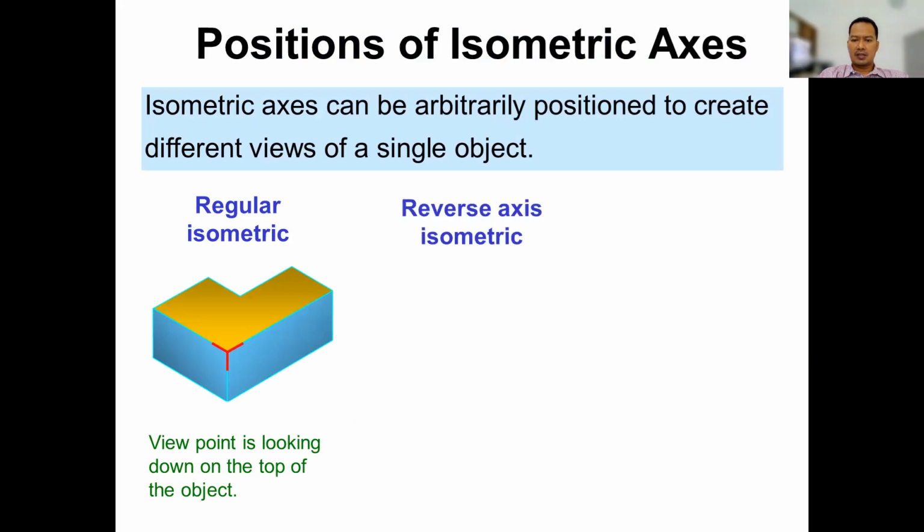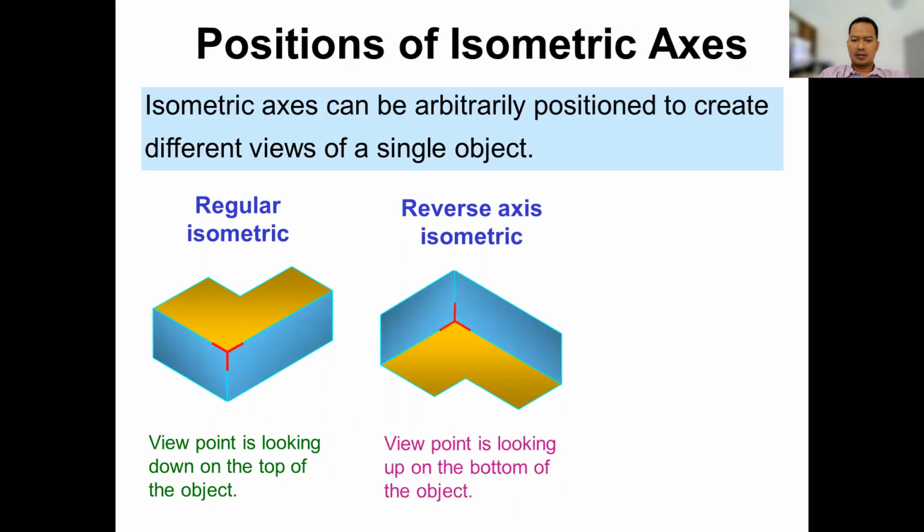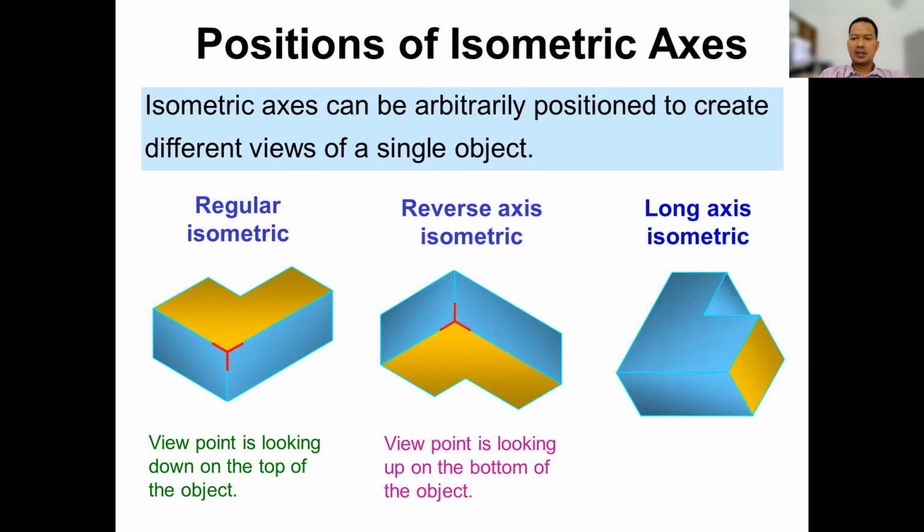And then reverse axis isometry, for example this one, the viewpoint is looking up at the bottom of the object. And then long axis isometry, the viewpoint is looking from the right or left of the object.